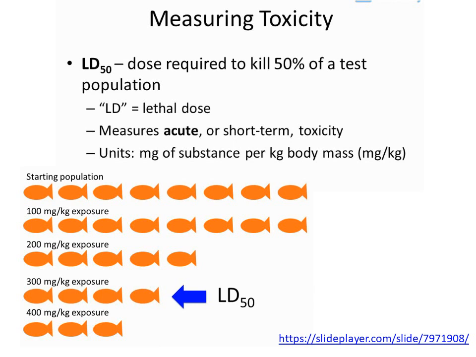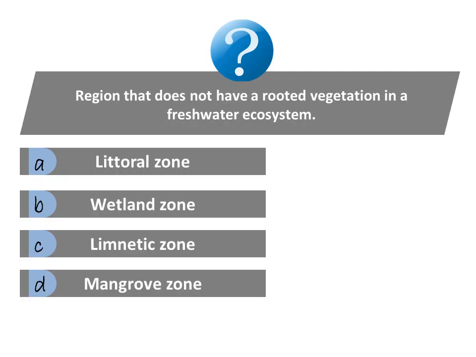So, ibig sabihin, yung iyong lethal dose or LD50 is yung 300 mg per kilogram ng substance. Dahil ito ay may kakayanan na patayin yung 50% ng population. Okay, that's the LD50 or the lethal dose.